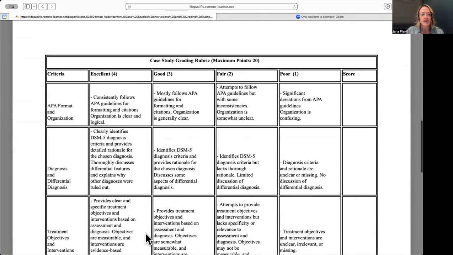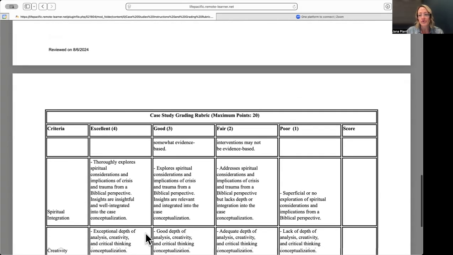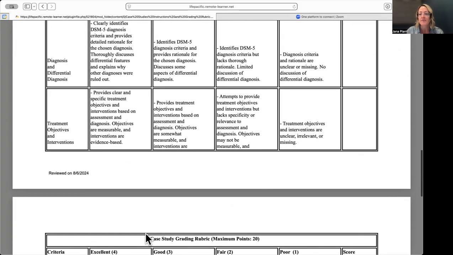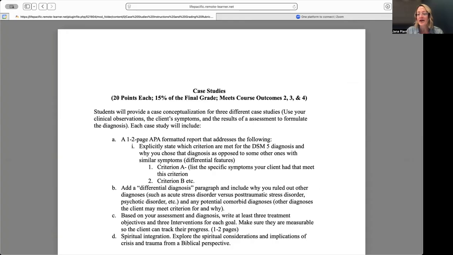Okay, and then just follow the rubrics. I actually do go through the rubrics, and this is how I grade. So it's good to look at the rubrics as a guide. Okay, go ahead and hop on over to the second video for a lecture.